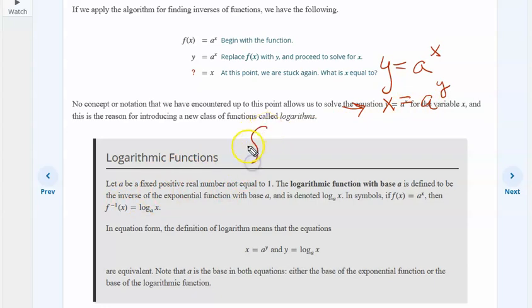The symbolism for the inverse is f with a -1. Now this is not an exponent, and they're not multiplying, it's just the symbol to describe the inverse function. The inverse function of this is this, where we switch the x and y around here. And you see that written.